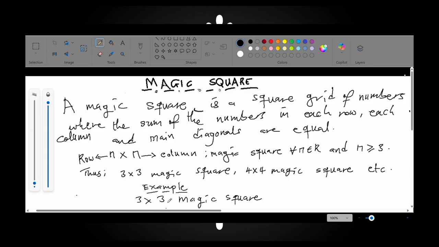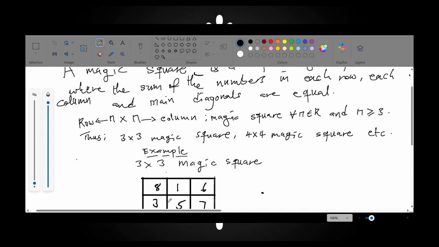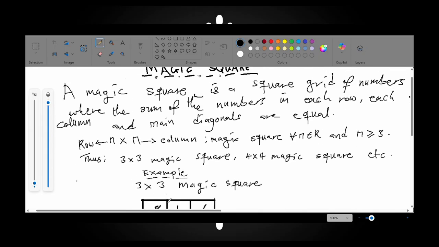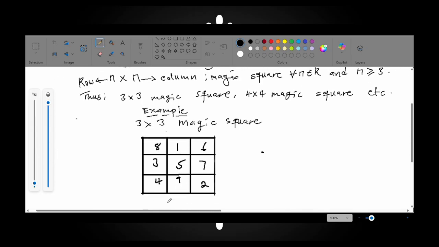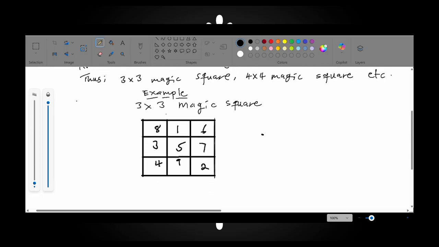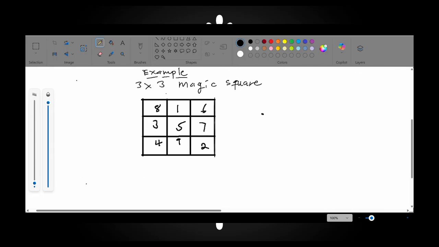Now, we are saying that we have the same number, the same magic constant, in each row, column, as well as main diagonals. This is what we mean by magic constant.